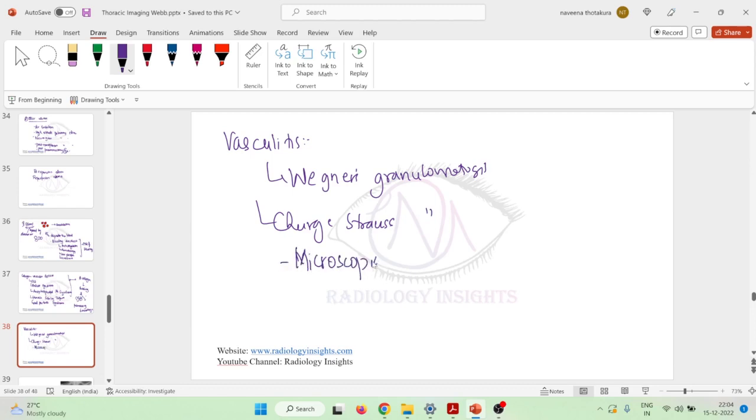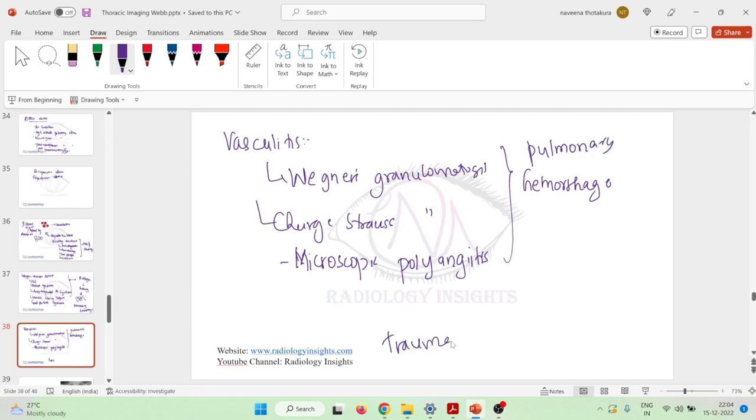So all these are conditions where you can see the presence of blood in the alveoli, that is, pulmonary hemorrhage is common in these conditions also. Okay, trauma can also lead to pulmonary hemorrhage, causing blood in the alveoli.